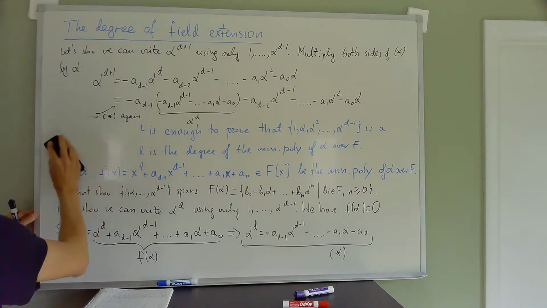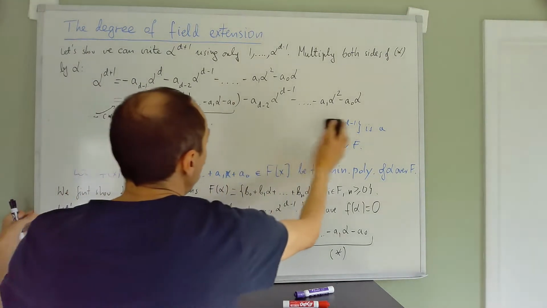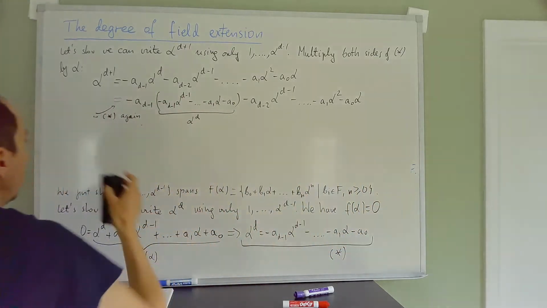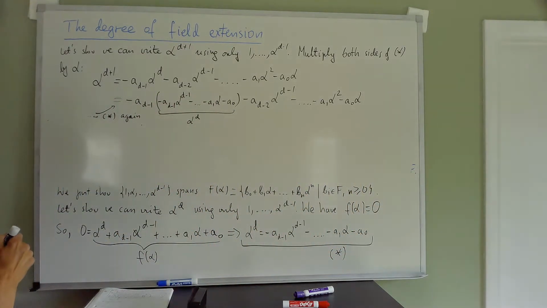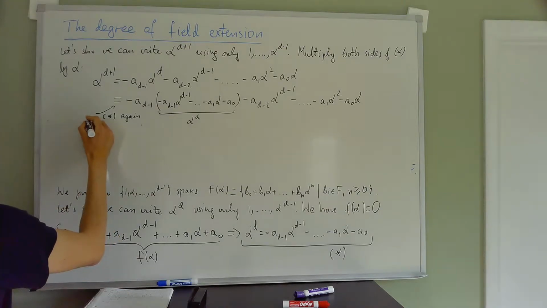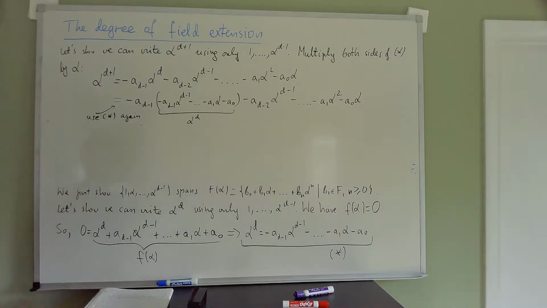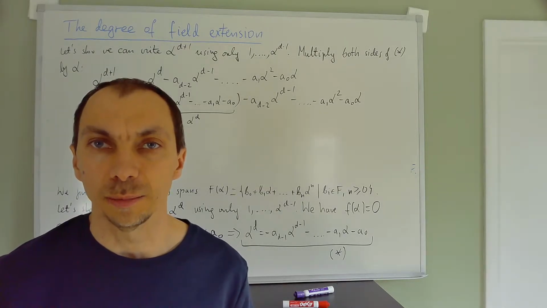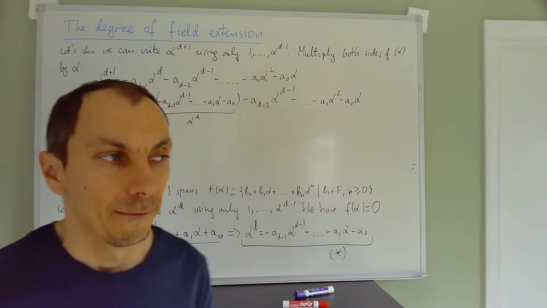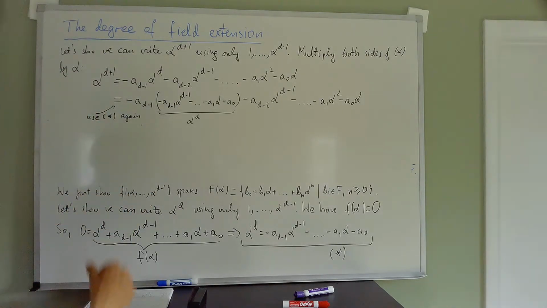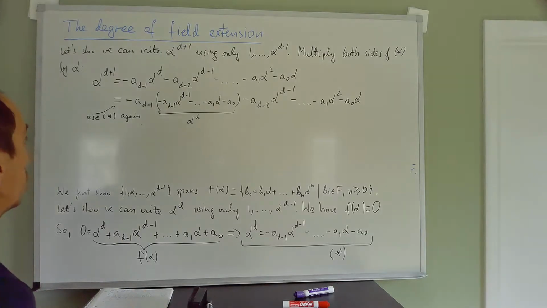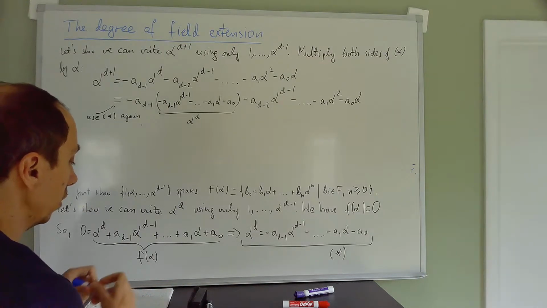So I have expressed alpha to the d plus 1 by using elements whose powers only involve terms up to degree d minus 1. So doing this, continuing like this, I can actually express all the powers like this.